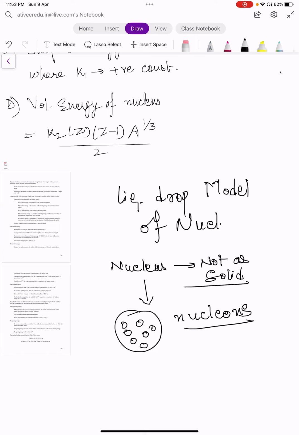So it is not correct to consider the nucleus as a solid, and on this basis some people said that instead, we should consider the nucleus as a liquid drop. They said nucleons are moving inside the nucleus just like liquid molecules are moving inside a liquid drop.